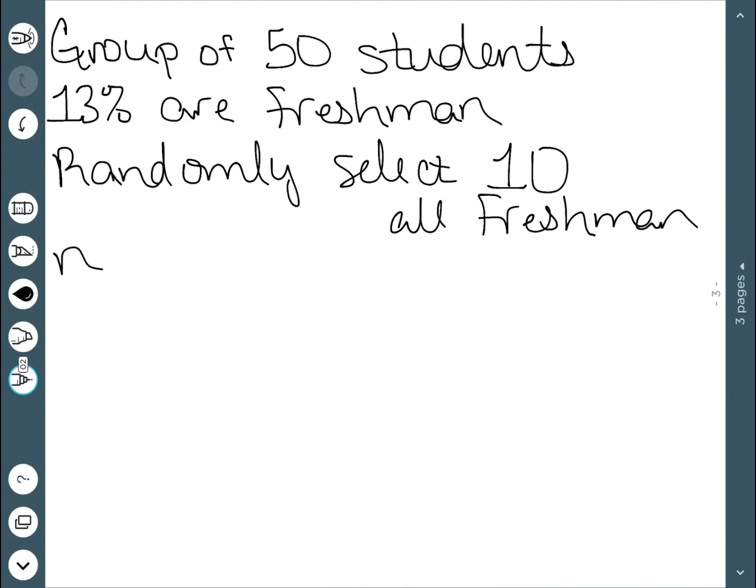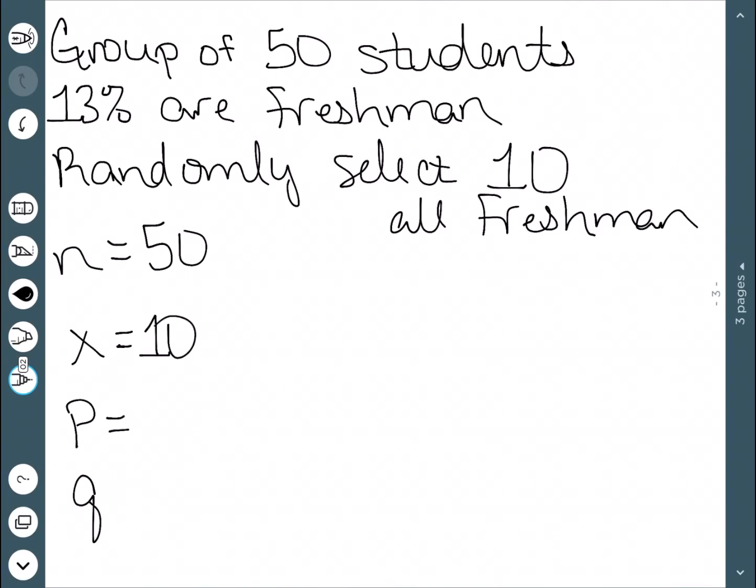Well, n, x, p, and q. N is the total number of people that we have, 50. X is the number of people we're selecting, which in this case is 10. P is the probability of a success. Well, we're considering a success being a freshman. They're 13%, which means 87% are not freshmen.